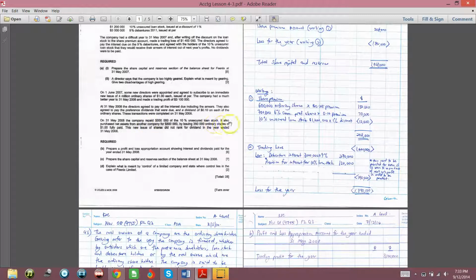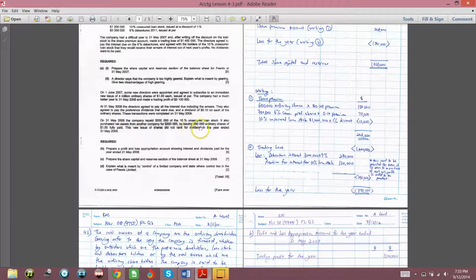350,000. It also purchased the net asset from another company for 800,000. So this is not very confusing. That means the company purchased 800,000 of net asset from another company by issuing 350,000 ordinary shares, $1 fully paid.